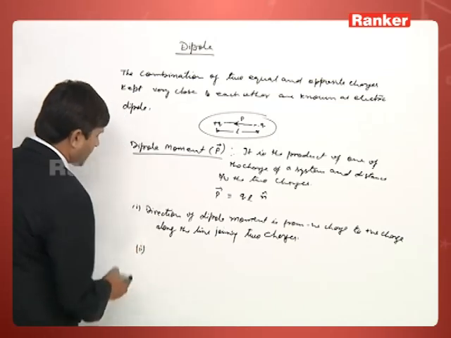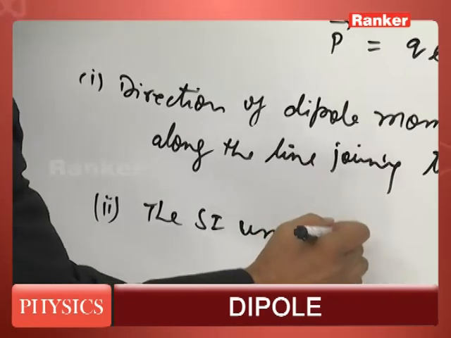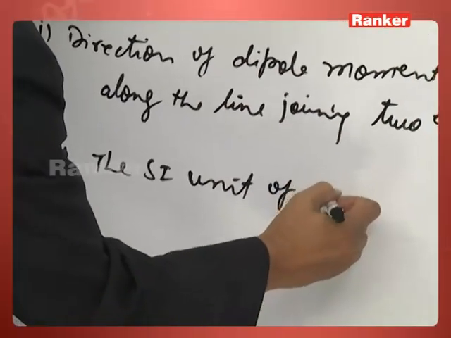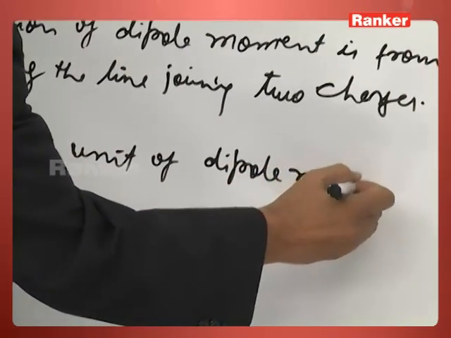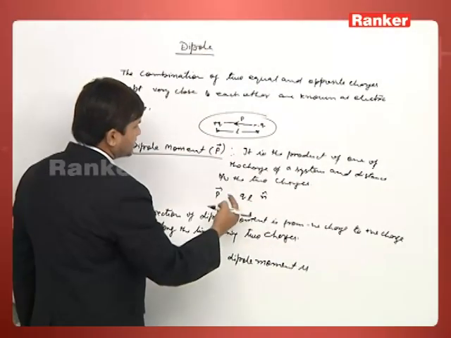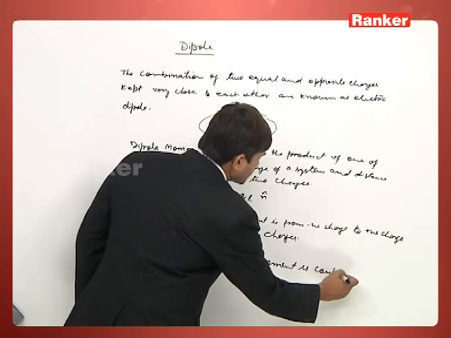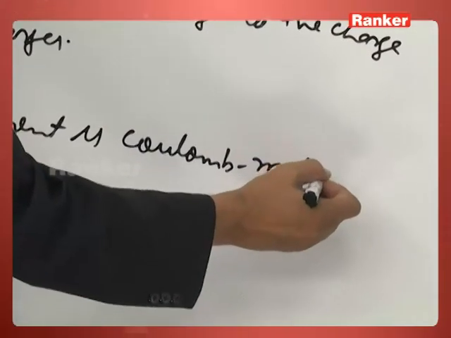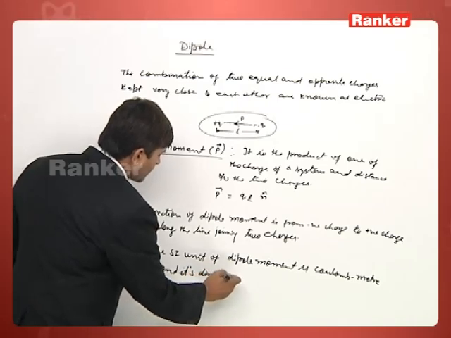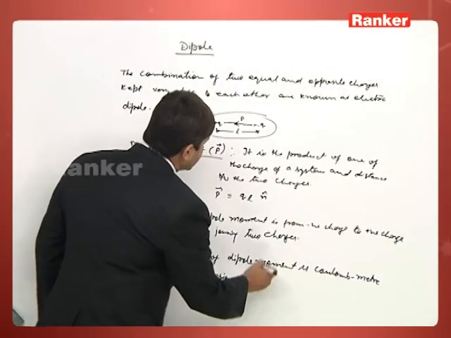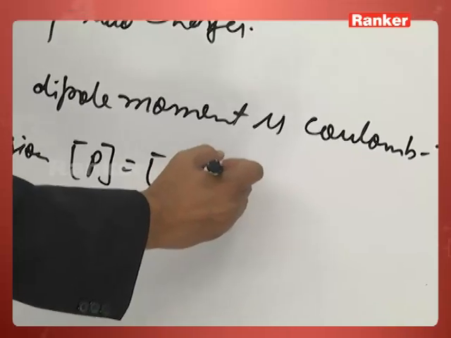Second point we can say, the SI unit of dipole moment is, from Q, coulomb meter, and its dimension: the dimension of charge is AT and the dimension of length is L. So the dimension is given as ATL.